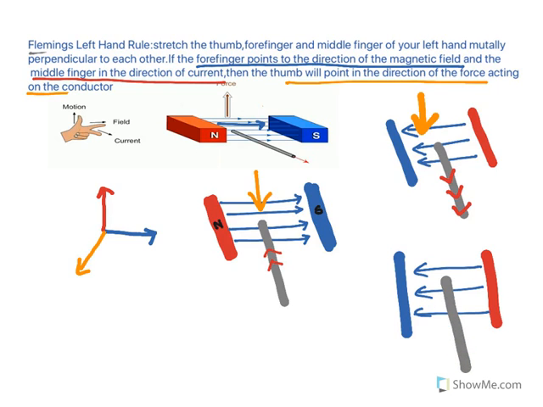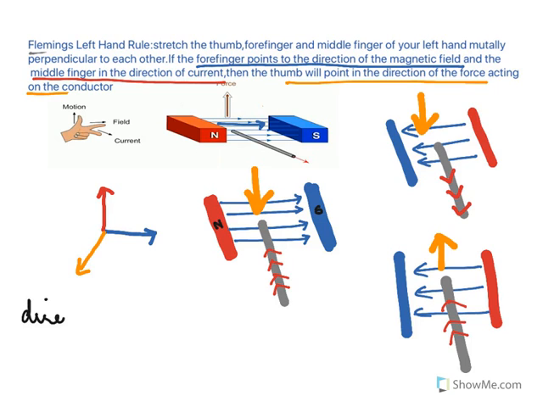However, the current I'm keeping the same. The current is flowing upwards, just like here, current is flowing upwards. Here the force was acting downwards, here the force will act upwards. So if you reverse the magnetic field, the force gets reversed. If you reverse the current, the force also gets reversed.